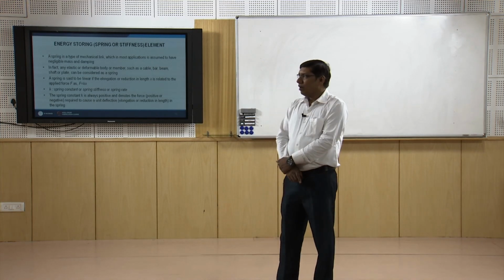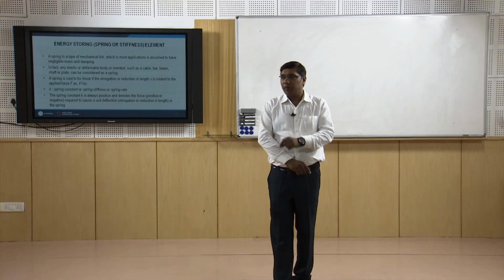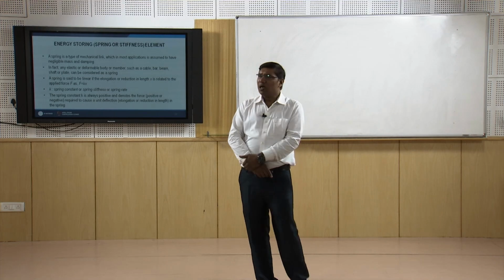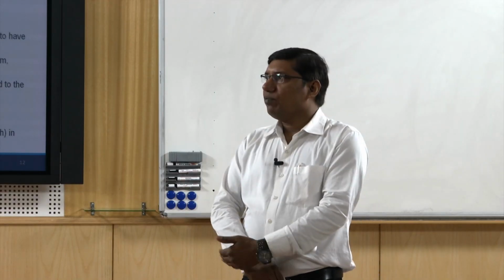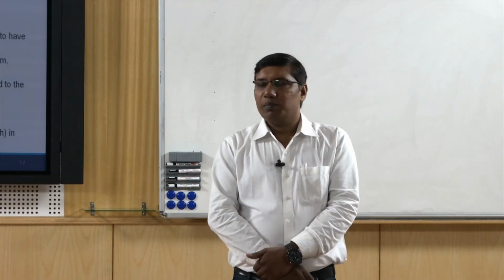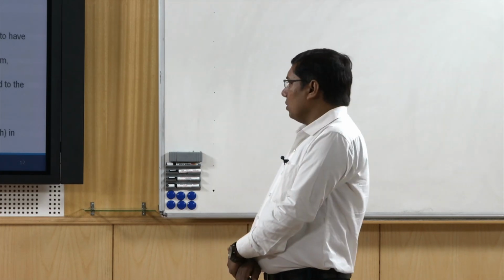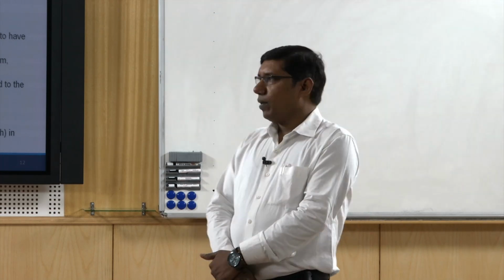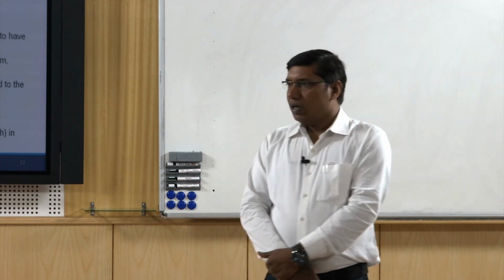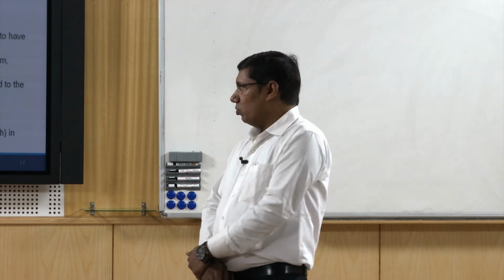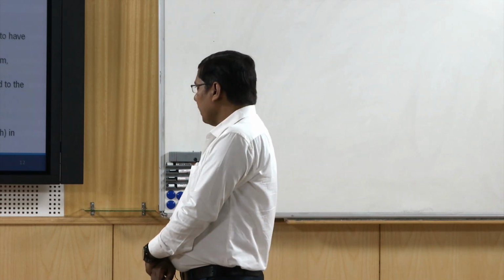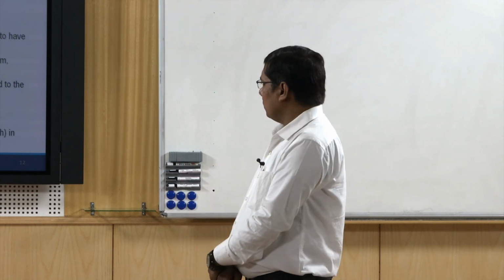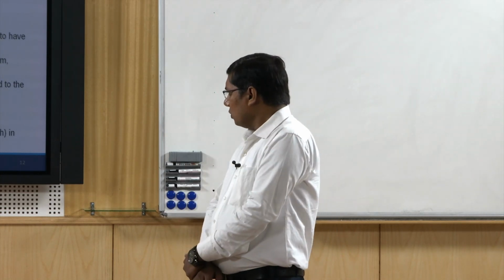So if we have a certain bar or beam and we apply the load, there is a deflection of those elements, and so they have certain stiffness. That stiffness we represent as K equal to F by X, or if we apply force F, then F equal to K times X, where K is the spring constant or spring rate or stiffness.